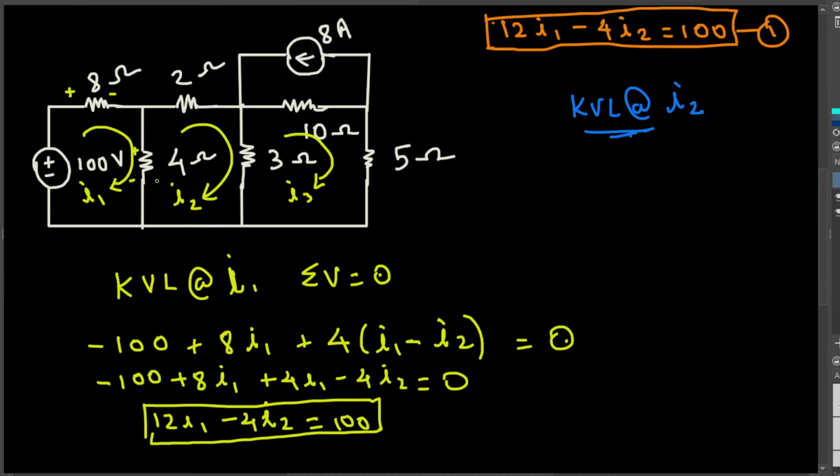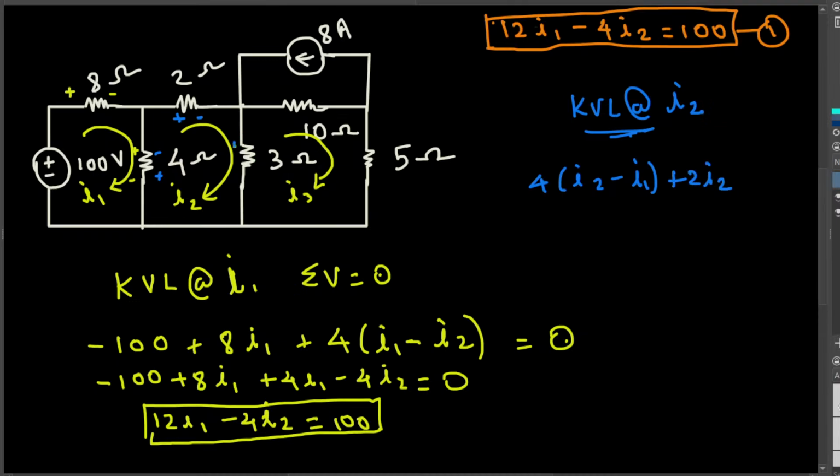So when current goes through here to here, this is going to be plus minus right here. So this is going to be 4I2 minus I1, since I1 is going in the opposite direction. So this is going to be I2 minus I1. And then through the 2 ohm resistor, current goes like this. So this is going to be plus 2I2.